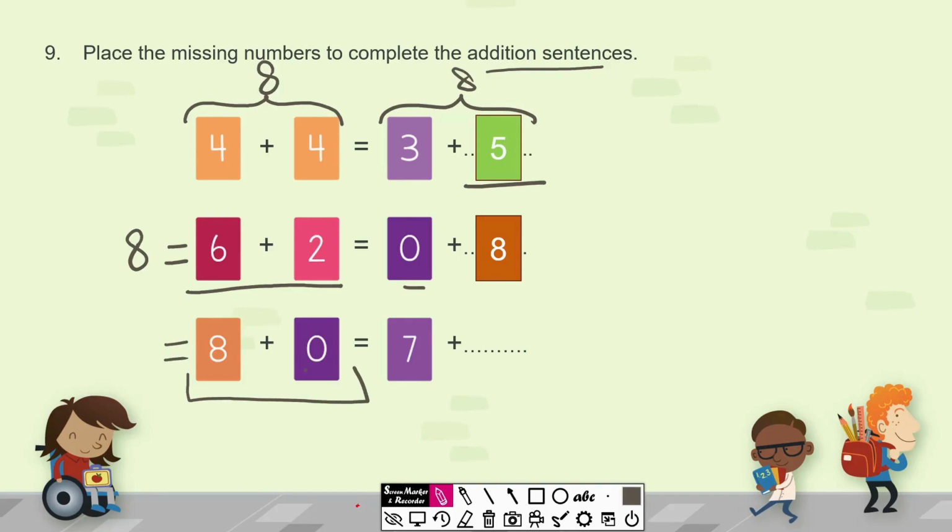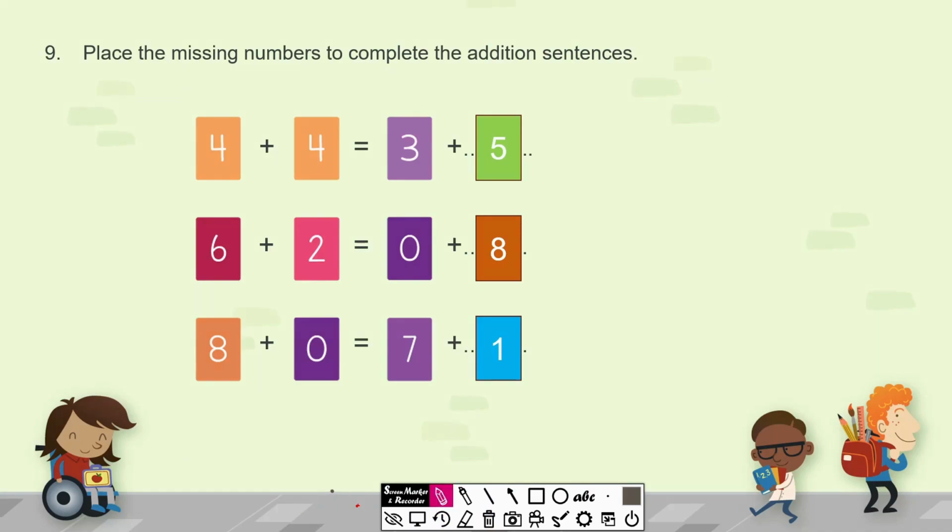Similarly, we are adding 0 here. So it will remain 8 only. So 8 plus 0 is equal to 8. And it is equal to 7 plus. Easy peasy lemon squeezy, 7 plus 1. Right. Very good, my loves.